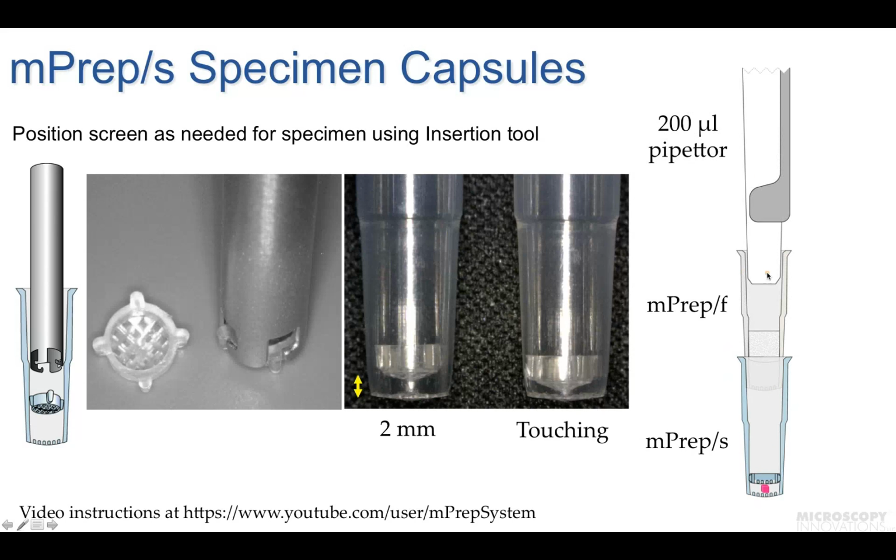It gives you a little bit of headspace above the fluids as well. The sweet spot for the volume for the use of the mPrep S can be as little as 10 microliters if your sample is sufficiently small, to a maximum of about 150 microliters.